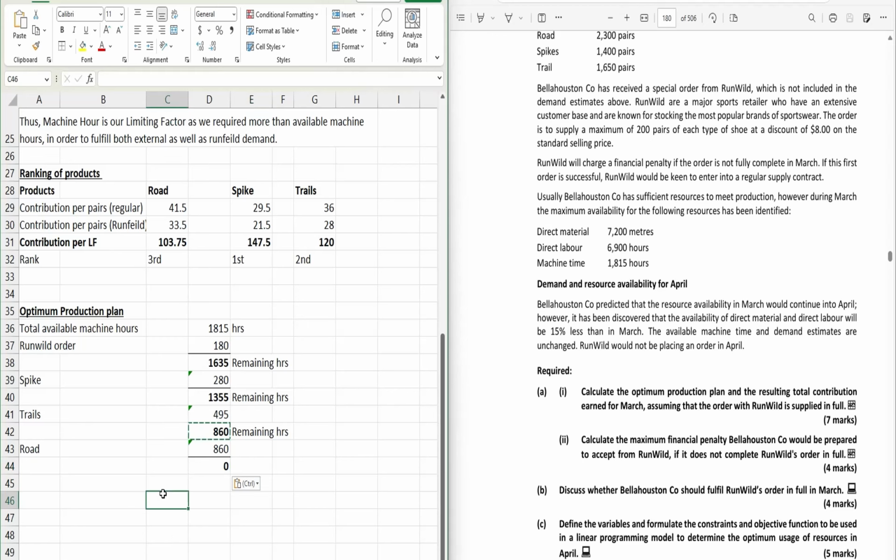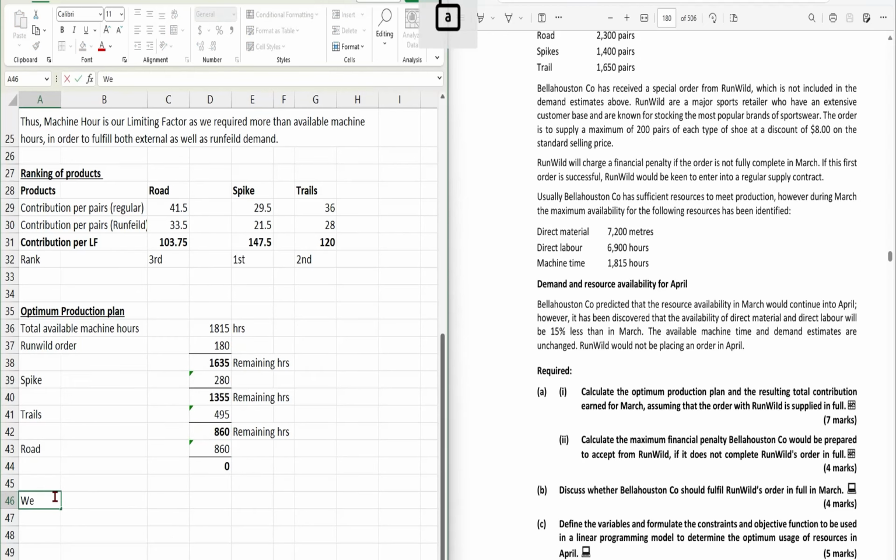So what we can write here is, we will be unable to fulfill our external demand for road.